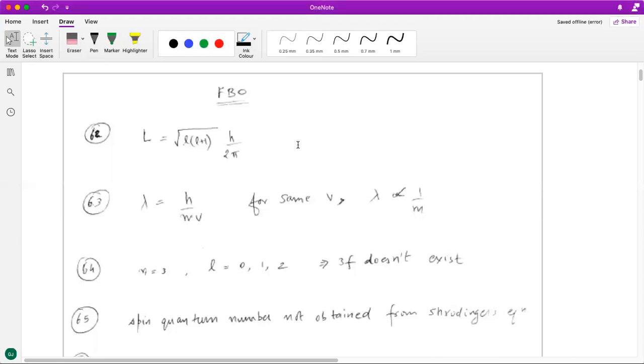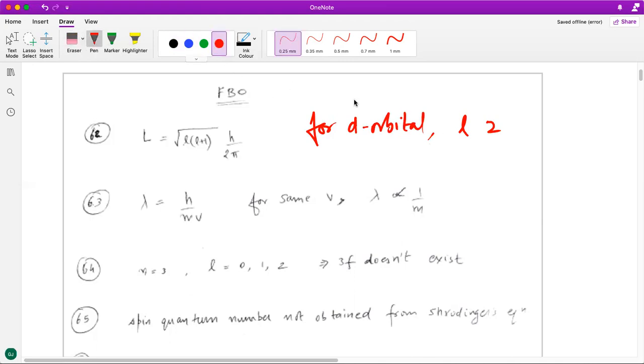So the value of L for D orbital is 2. So just use that value. For D orbital, L is equal to 2.